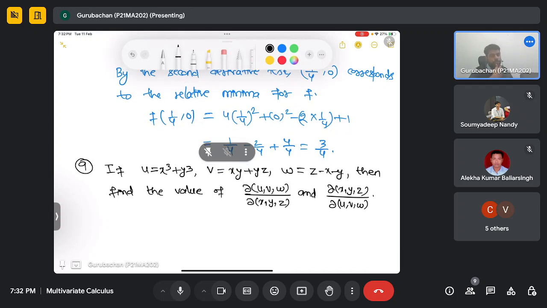Find out this value. Try it first, then we will discuss it.